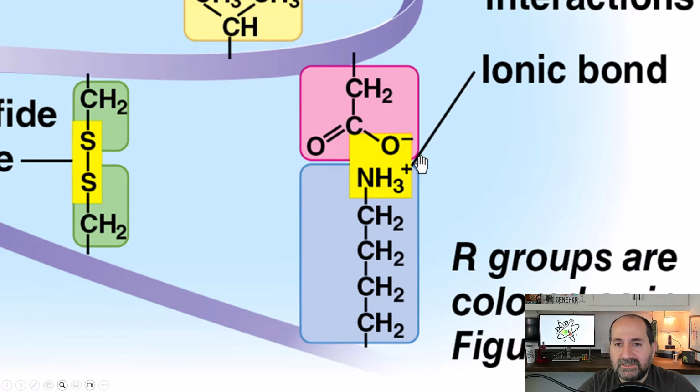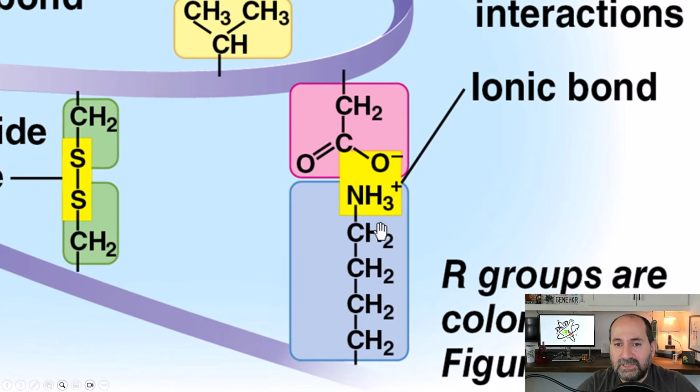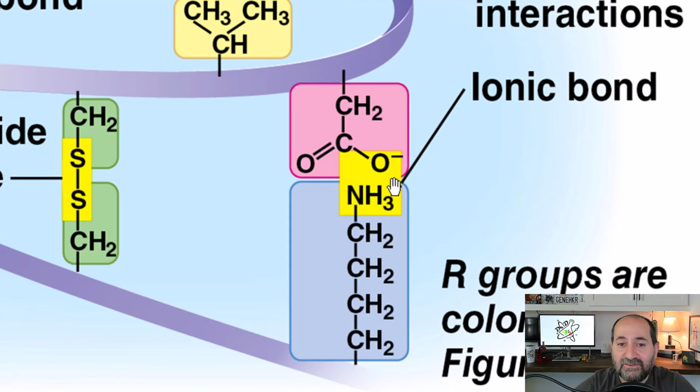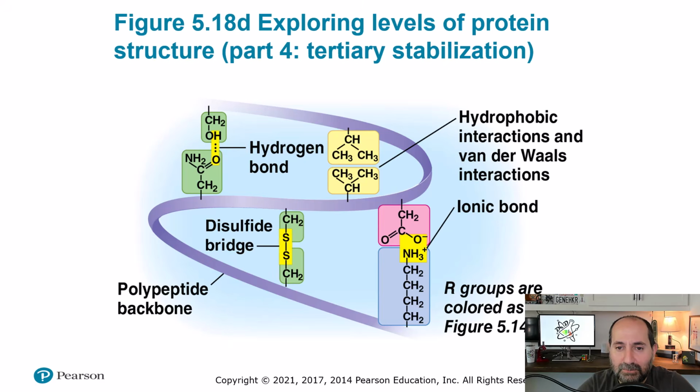What if we swapped this out with valine, which is kind of like this, like nonpolar? Would it still want to hang out here with its basic friend and form this ionic bond? No, it would repel. It would push itself apart, right? And that would affect the protein structure. That would affect the nicely folded protein.